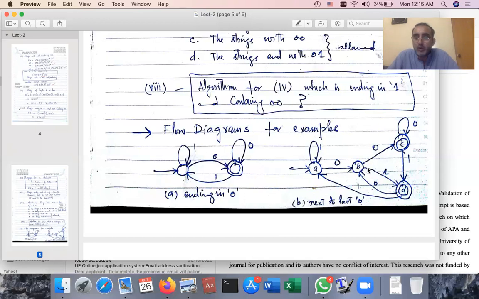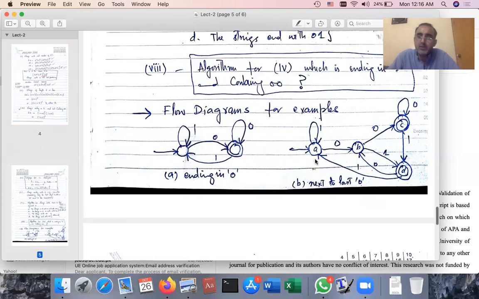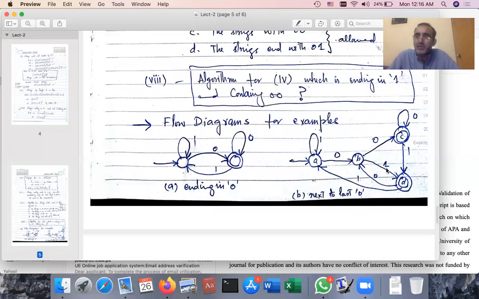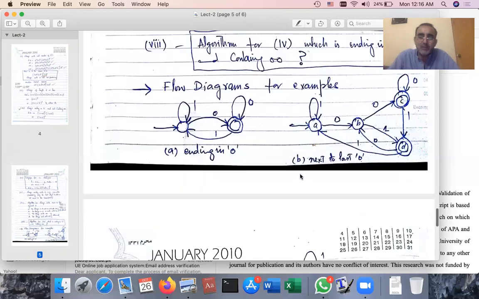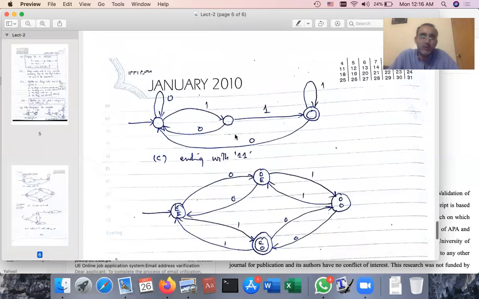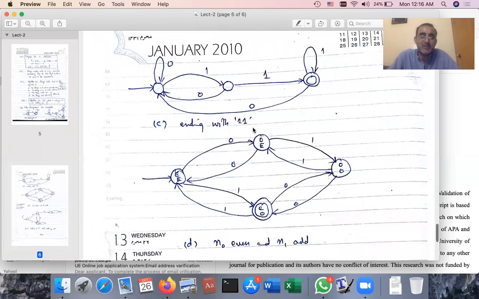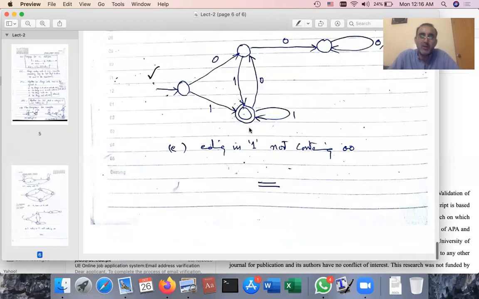The output degree of this state is also okay, 0 and 1. This is an easy one, so you can do it by yourself. Maybe I have to focus on the next examples which are coming here.